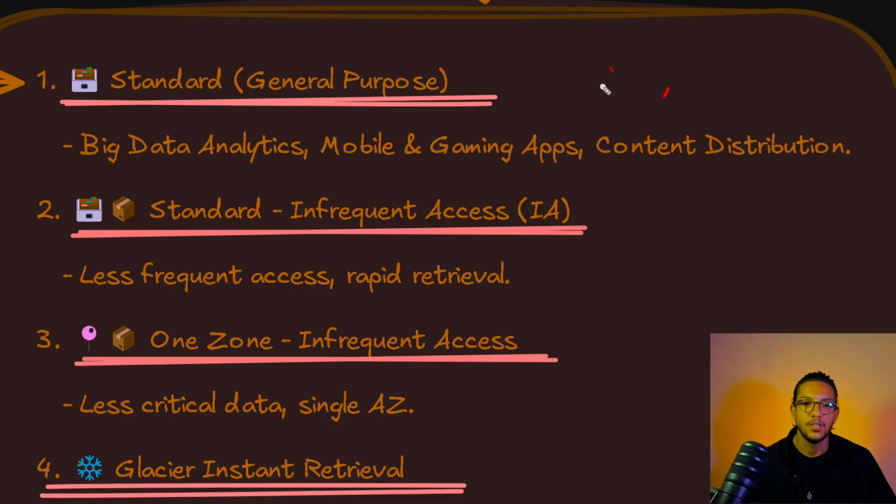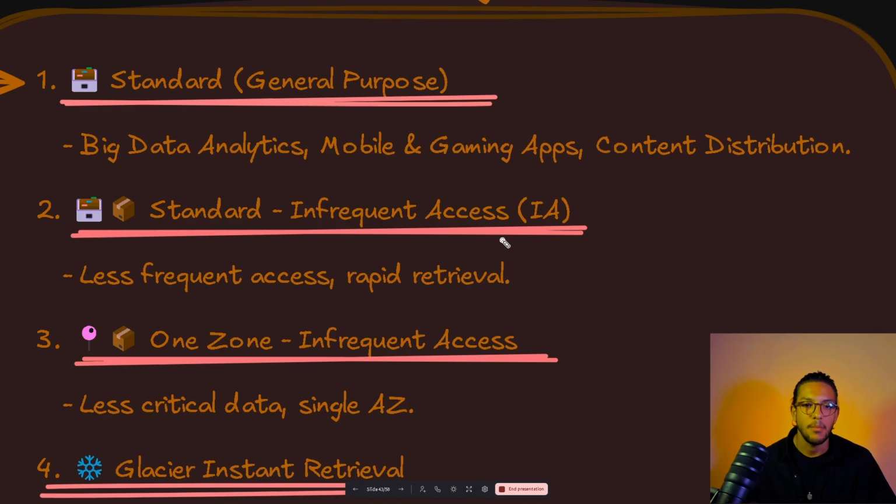As we move down the list, we are essentially trading accessibility for cost savings. Standard infrequent access and One Zone infrequent access cost about 40 to 60% less than Standard, but you will pay retrieval fees, making them ideal for backups and disaster recovery files.